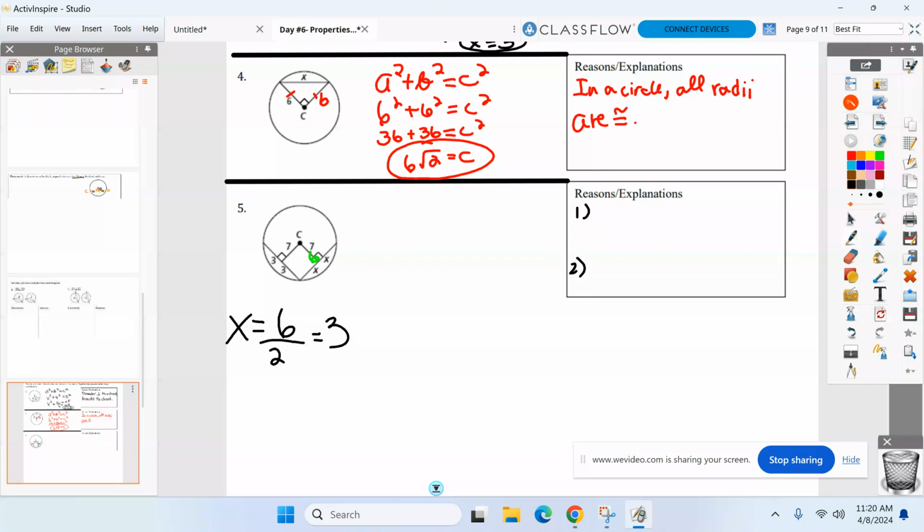How did I know that other chord was 6? Chords equidistant. Oh, I love that word. Chords equidistant from where? Can't be from anywhere. They got to be equidistant from the center. Yep. Chords equidistant from the center are congruent.